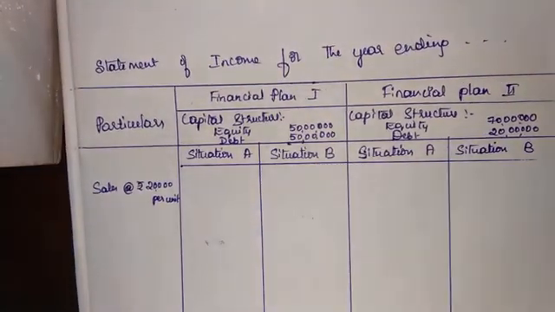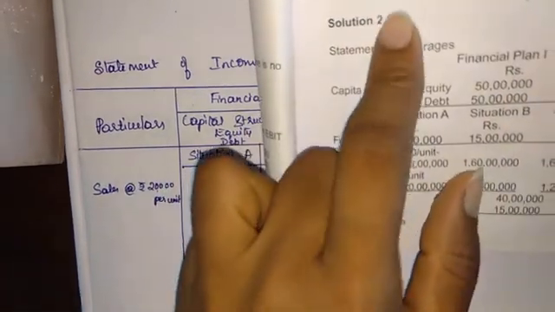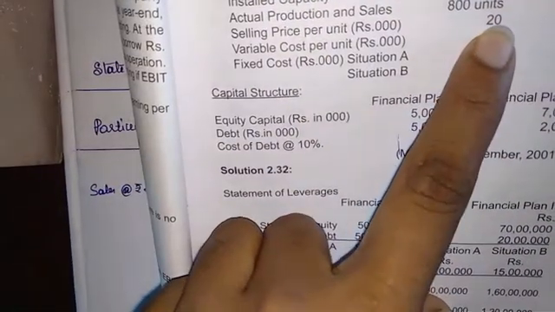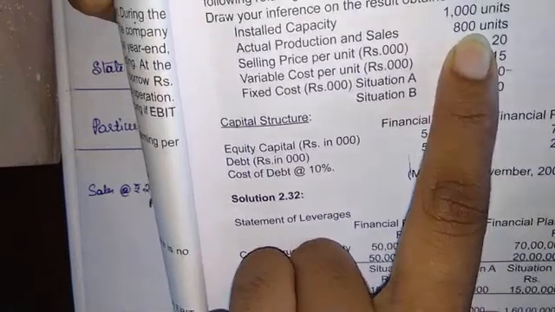So let's go for the sales calculation. Sales is 20,000 per unit and units sold is 800 units.